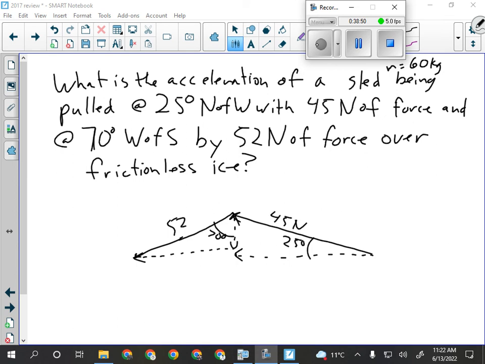We're going to have our 45 newtons going 25 degrees north of west, and then our 52 newtons at 70 degrees west of south.